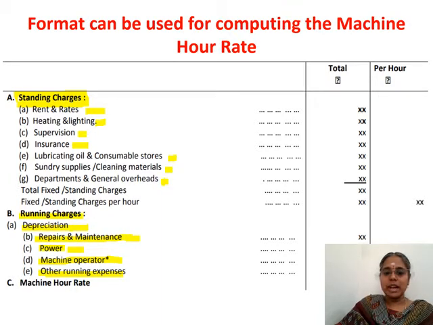Then you can calculate the machine hour rate by totaling all these things divided by the number of hours the machine runs. So with standing charges and running charges, or you can as such list all the things and calculate the machine hour rate also. This is one type of format that is used for computing machine hour rate.